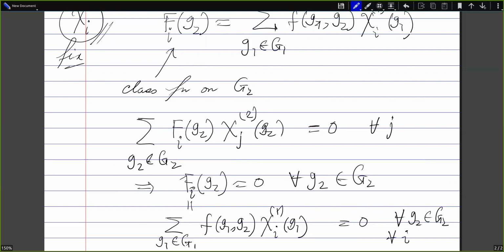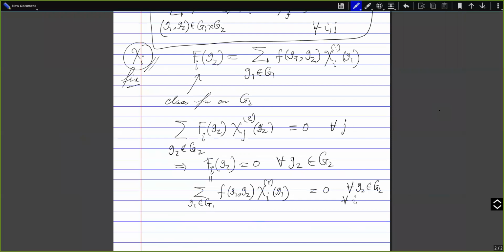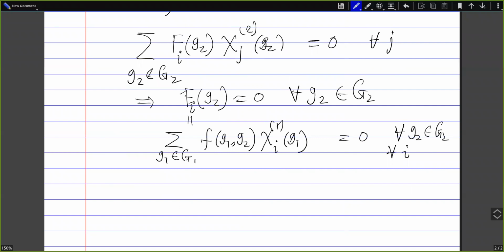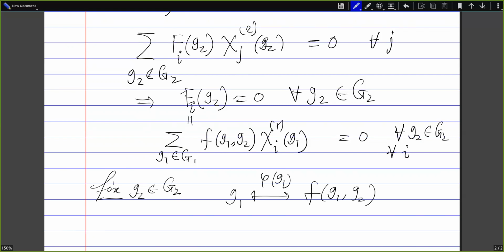Now once that is clear, you know what to do. Just again using the same thing, we fix a g2. We consider this function f(g1, g2), let's call it phi_g2 of g1. Of course it depends on g2, so let's write it like this.